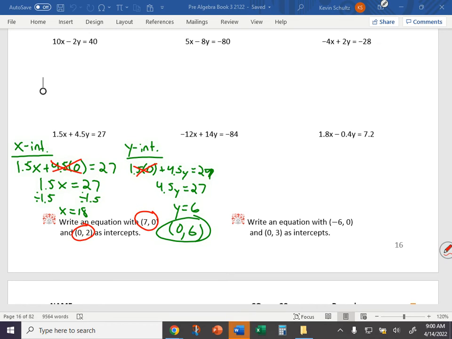If we follow that pattern, what could our equation equal? Again, going back to that first example, we had 3, 8, and 24. There was a connection there, right? Here we've got 7 and 2. So what could our equation equal?